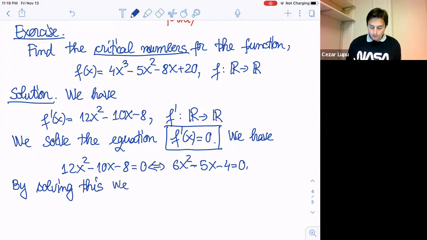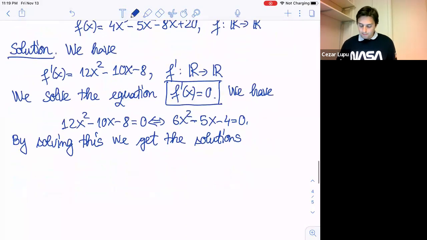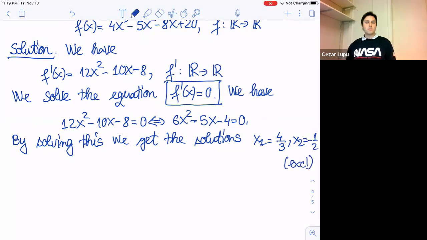So we get the solutions x1 equals 4 over 3, and x2 will be negative 1/2. I'll leave this to you as an exercise to solve. This is just basic college algebra, so I'm sure you can do it. Okay, all right.